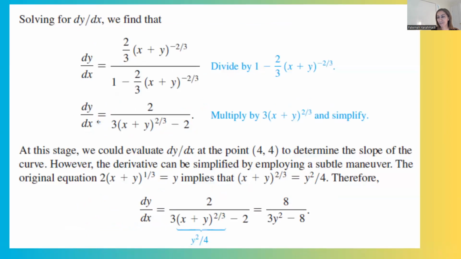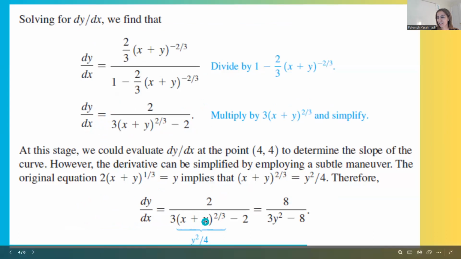Now that we have the derivative, we can simplify it a little bit further. You can write dy over dx equals 8 divided by 3 times y squared minus 8. Why is that? Because 3 times (x plus y) to the 2/3 is basically y squared divided by 4.